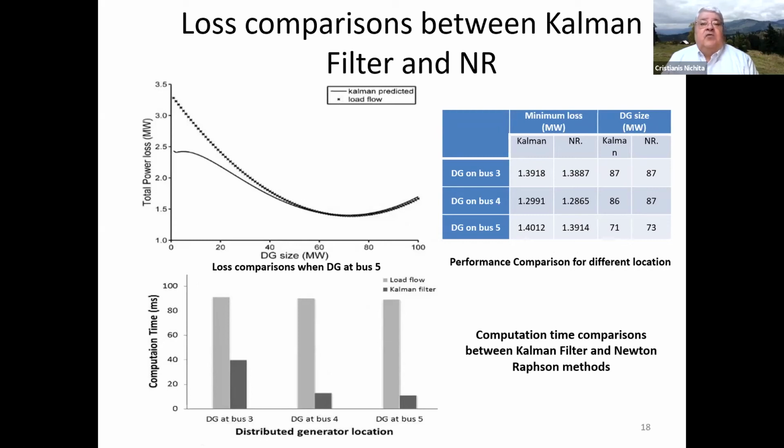So we have two objectives: where we can place the new wind farm, and what will be the size of the wind farm. It's important because fortunately we can compare with power losses.